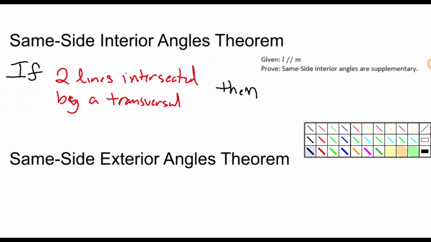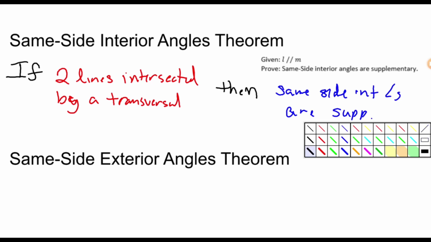We know the same side interior angles are supplementary every single time. So as long as two lines are intersected by a transversal, then you can find those same side interiors and you know that they have to add up to 180.